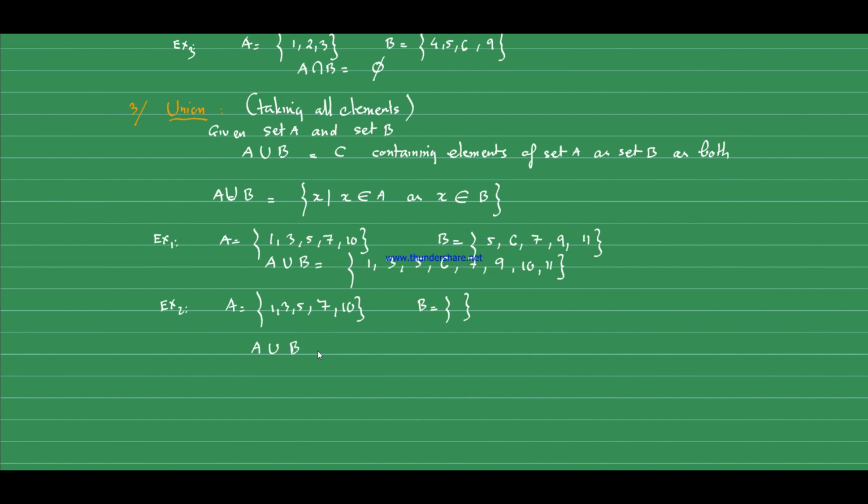Well, set B has no element, and this one has 1, 3, 5, 7, 10. Union means you take them all, right? So at the end, we're going to have 1, 3, 5, 7, and 10. Here you go. That's how you find the union between an empty set and a certain set. Very easy, right? Just take all of them.